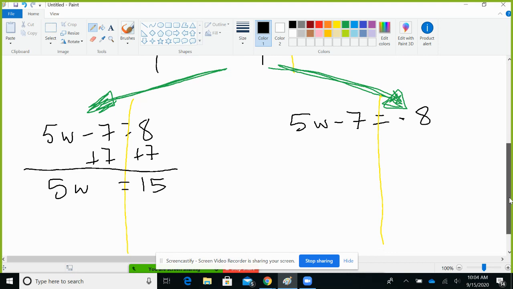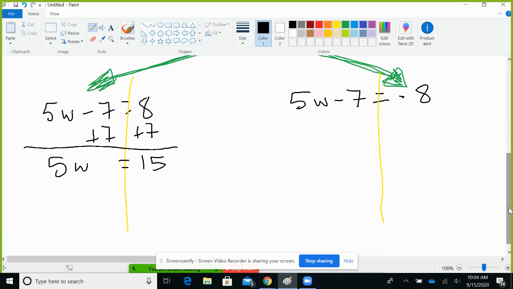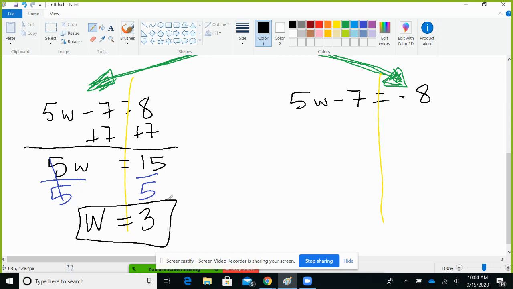And my last step for that one, nice. Sorry, I'm not giving you enough time to write it down. Exactly right. Divide 5 by both sides. And one of my answers is w equals 3. W equals 3.